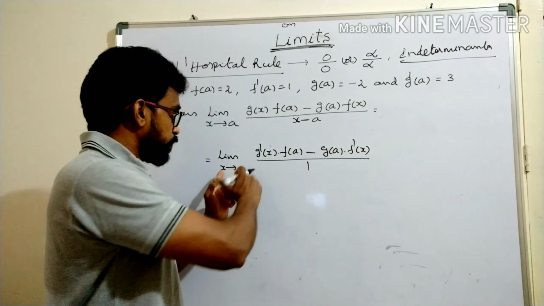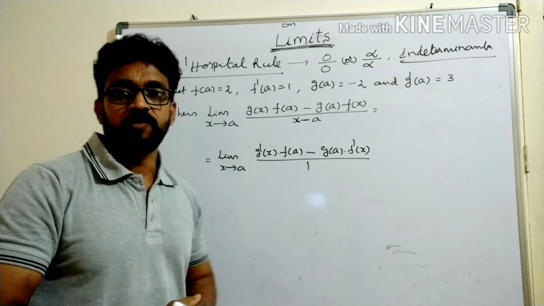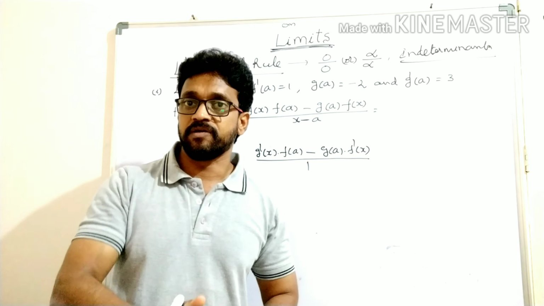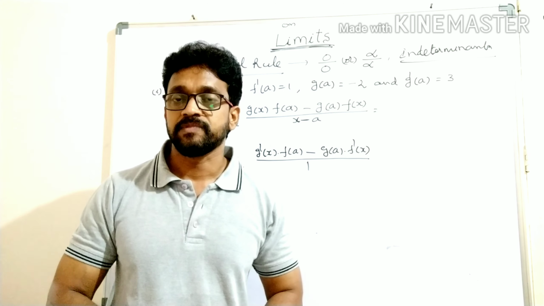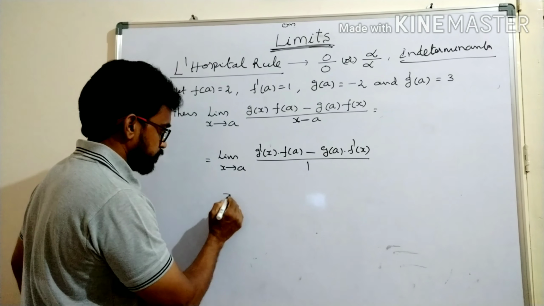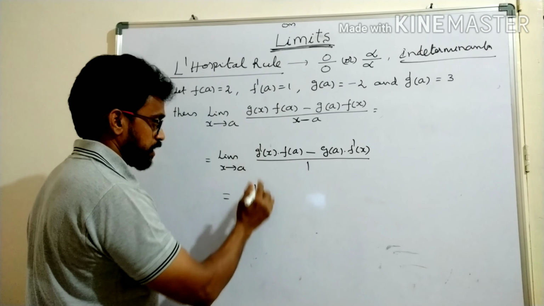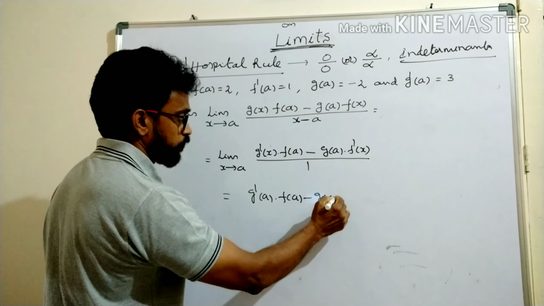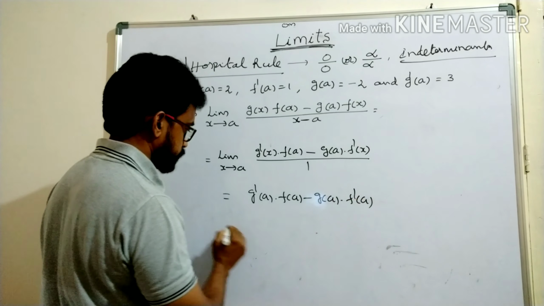In case after replacing x by a, 0 by 0 form comes again, one more time we should differentiate numerator and denominator separately. That's all. Now you are observing what happens. Replace x by a: g dash of a into f of a minus g of a into f dash of a.